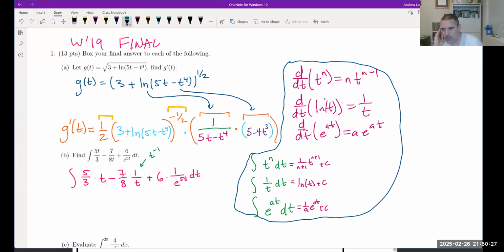Can't you bring the t to the middle for 7/8? Let's see, what could we do? You've got to be careful with how you deal with fractions. There's a question being asked about this term.